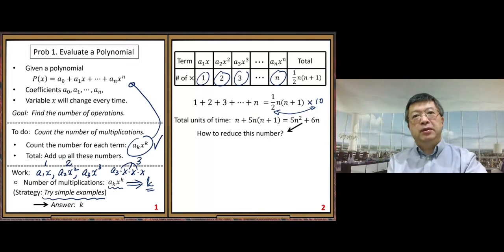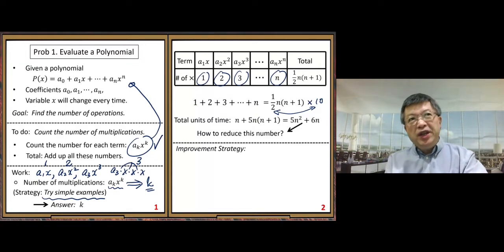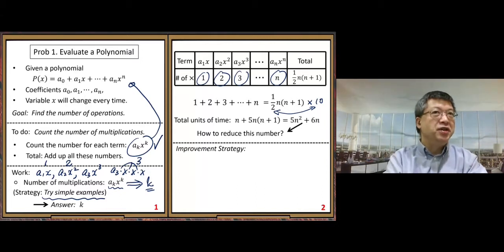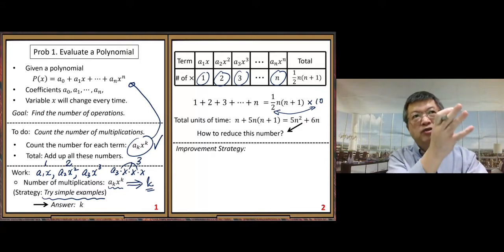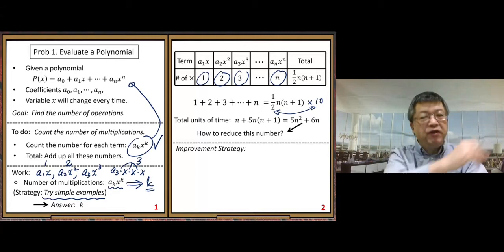Algorithm improvement. So we need to have some strategy. Here you can see in my part 1, I talk about the importance of strategy. Strategy, execution. So we start work on strategy, then execution. Okay, here, strategy first. Improvement strategy.